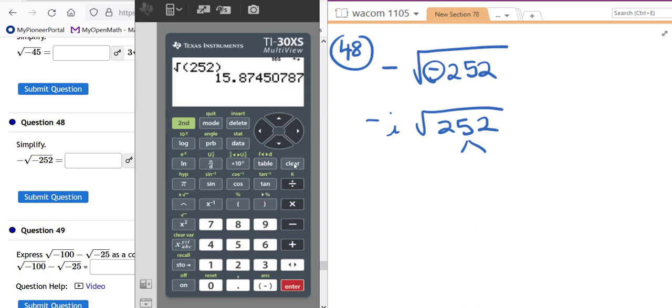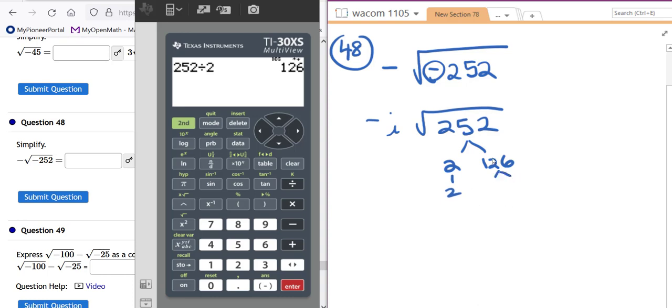It is not. I didn't think it was. All right, 252, I know it has a 2 in it because it ends in an even digit. We did this one recently. So 2 and 126. And then 126, if we do a 2, that will be a 63.